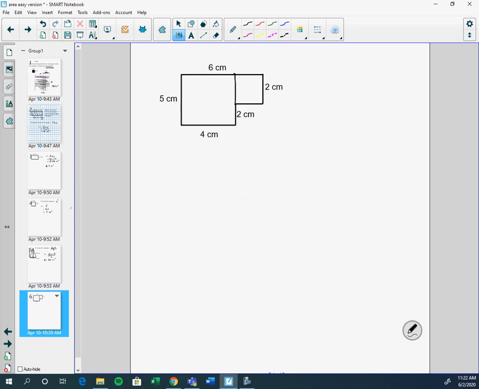Okay, let's go there. So this one here, let's call this one area 1, and let's call this one area 2. So area 1 is going to be length times width. The length is 4. The width is 5. So that is 20. Area 2 is going to be, that's a square, so that's going to be side squared.